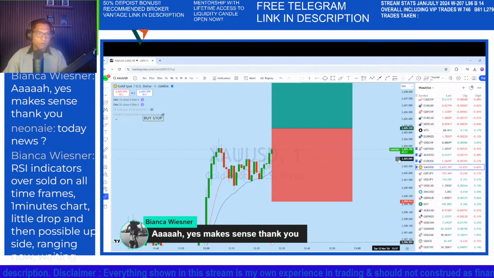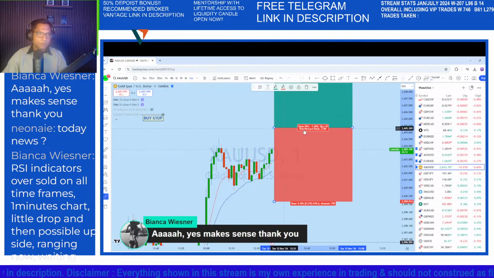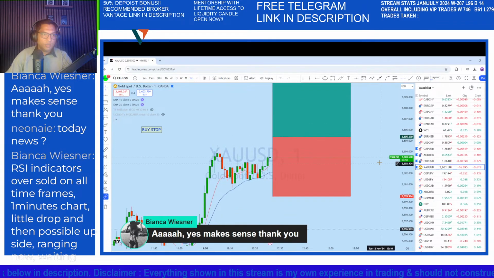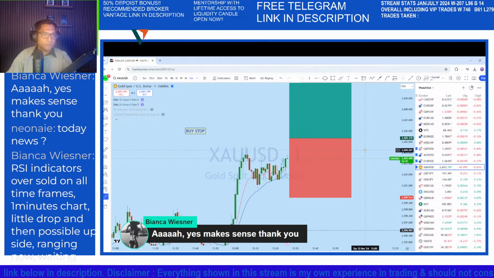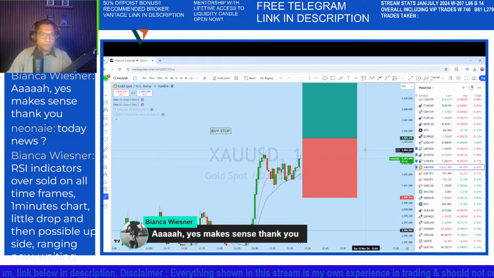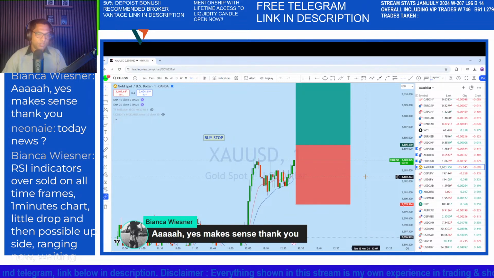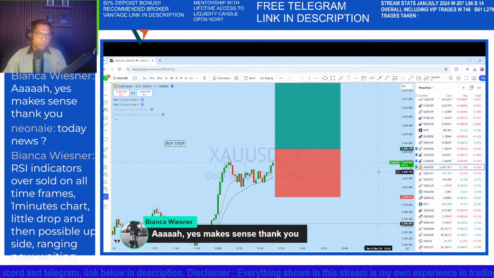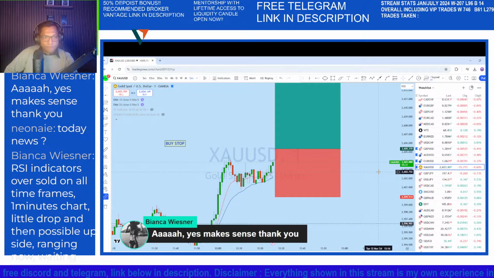Okay, so if it bounces, then it will be on the trade. Price action looks bullish to me, yet we will be waiting to see full confirmation.